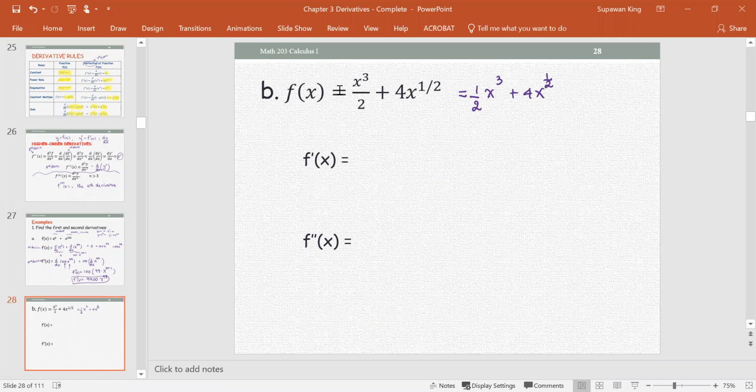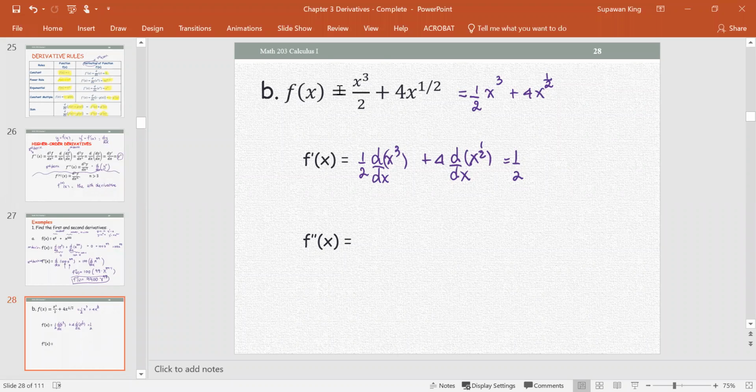For the first derivative, or f prime, it is the derivative of 1/2 times x to the third, which we write as 1/2 times the derivative of x to the power 3, plus 4 times the derivative of x to the power 1/2, and then apply the power rule for both x to the third and x to the 1/2, with the coefficients 1/2 and 4 remaining the same.